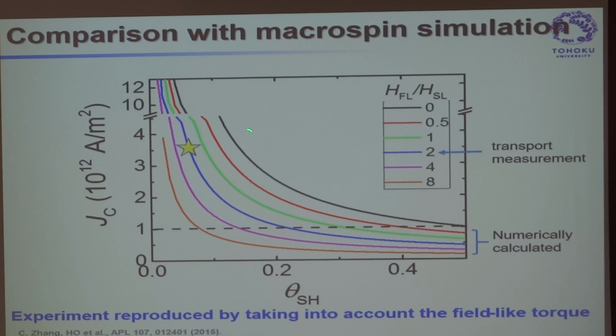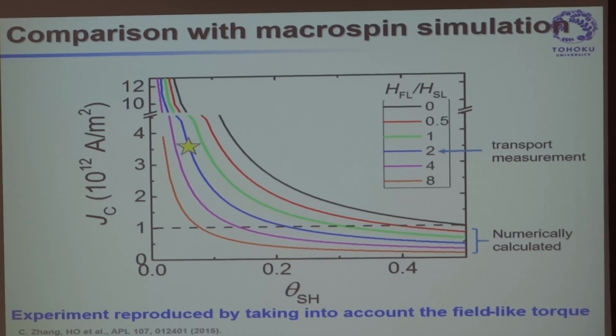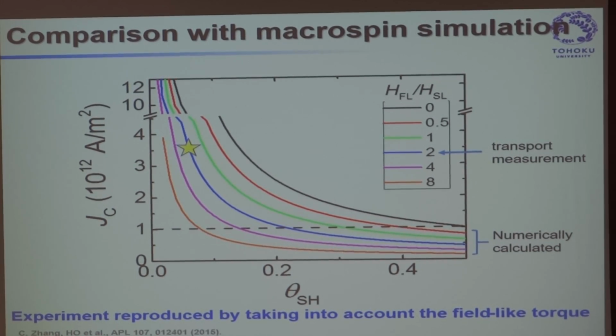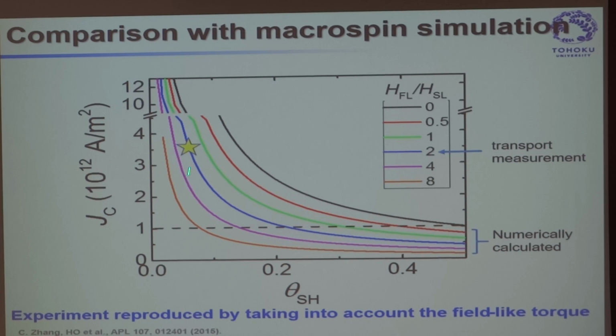3.5. This is our experimental result, and this is what we expect from our transport spin Hall angle. This is the spin Hall angle measurement, and the result appears to indicate that the spin Hall angle is somewhere down below 0.1, maybe 0.06 to 0.07.